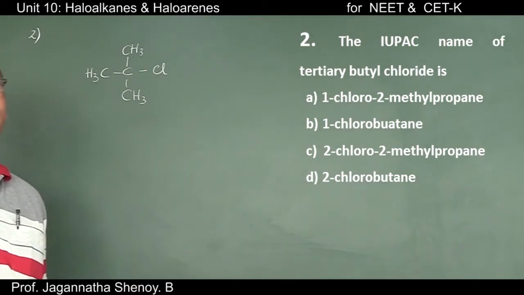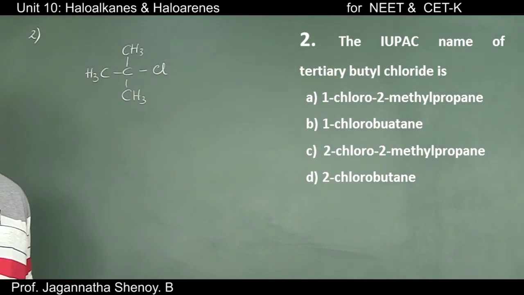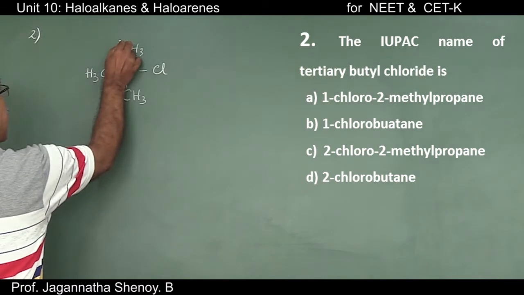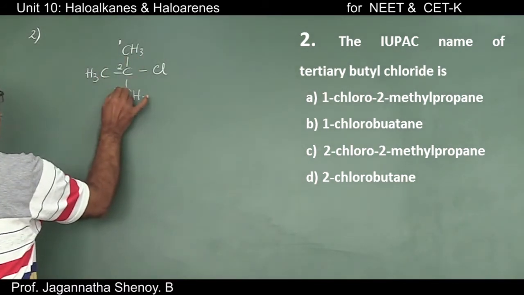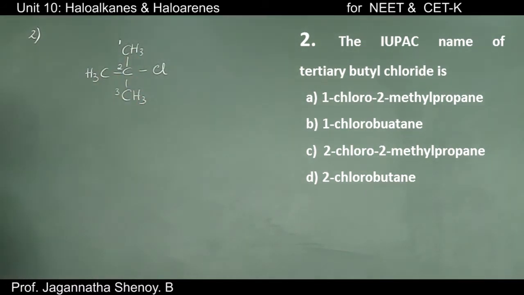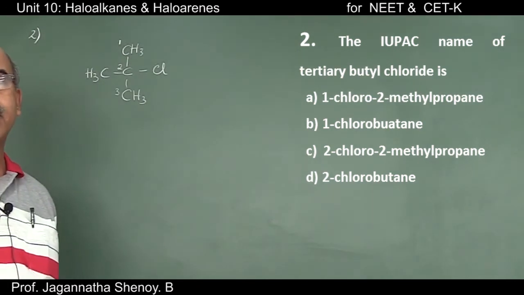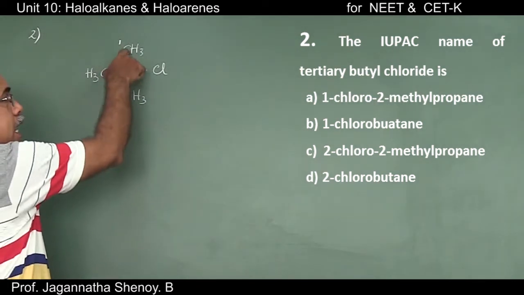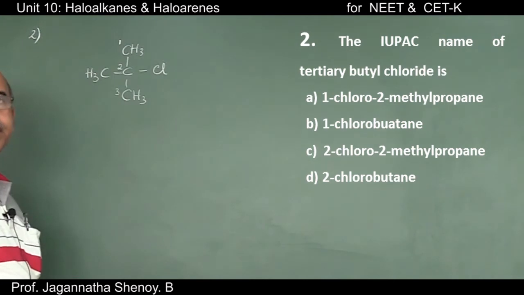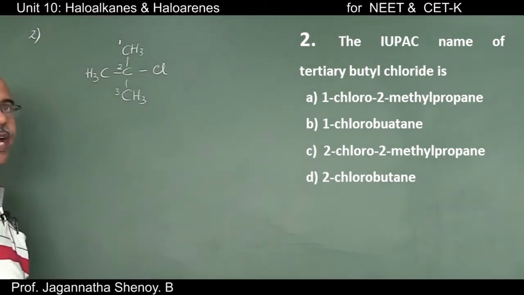Now we have to provide the IUPAC name for this compound. For that, let us select the longest continuous chain of carbon atoms. I will go vertically. So this is carbon atom number 1, this is carbon atom number 2, and this is the third carbon atom. You know, in the parent hydrocarbon that is chosen, there are 3 carbon atoms.